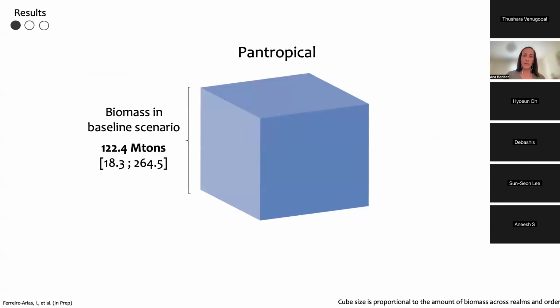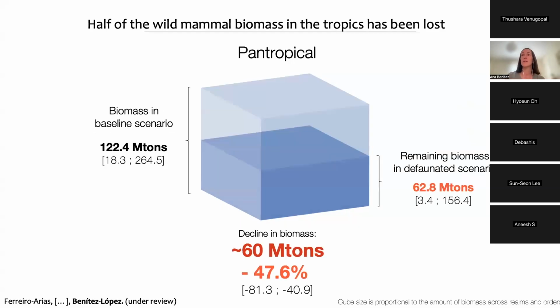So what we estimate is the following. We estimate that in the baseline scenario, like just before colonial times, just before we converted all habitats, and before overexploitation was a major driver of vertebrate abundance loss, we have a biomass of around 120 megatons of mammals.